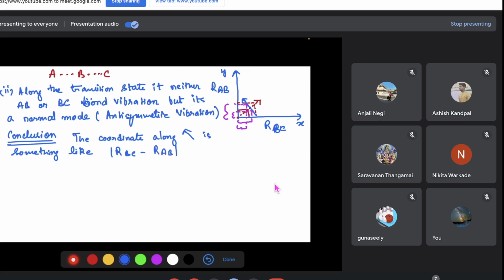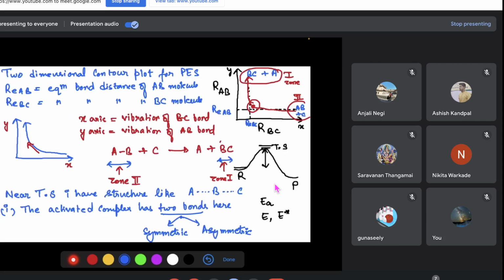So this is a coordinate transformation at the transition state. Also from the geometry, you can see that we are crossing the transition state in our potential energy surface diagonally.